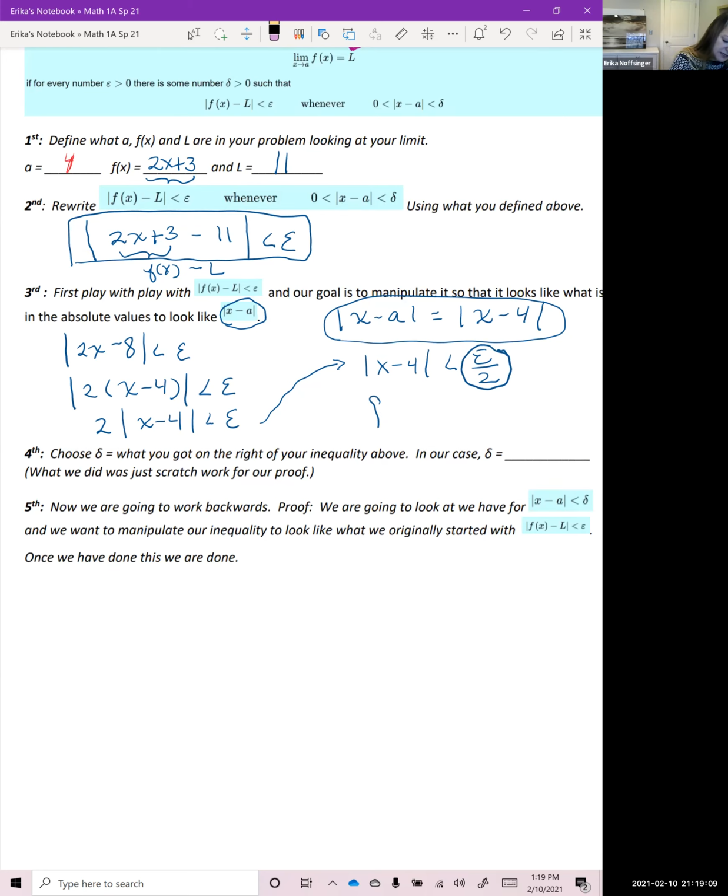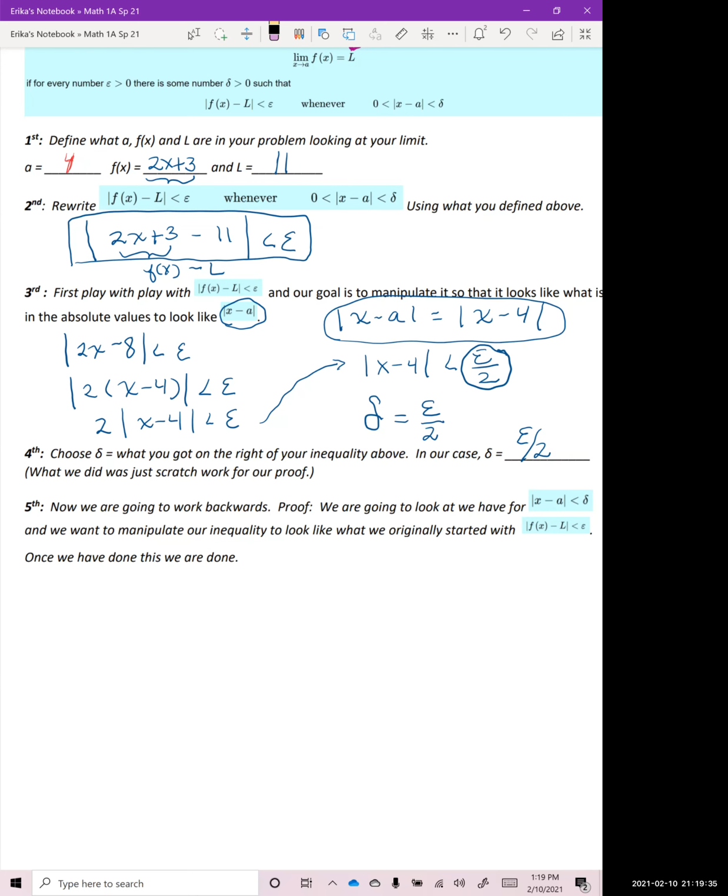We're going to choose delta to equal epsilon over 2. So choose delta to be what you got on the right-hand side of the inequality. In our case, delta was epsilon divided by 2.